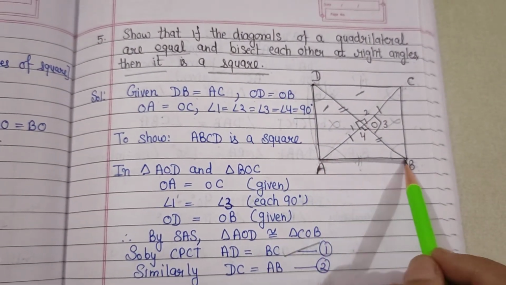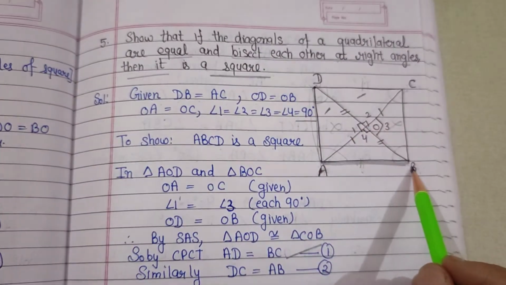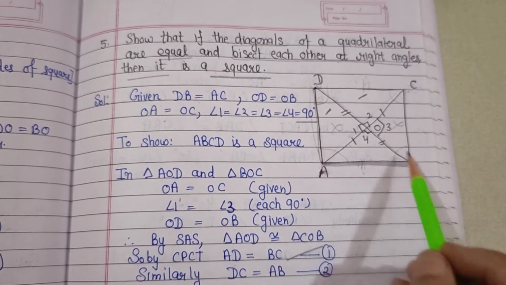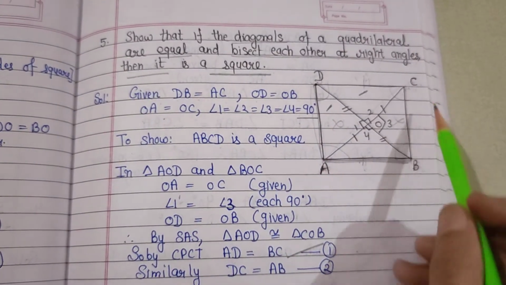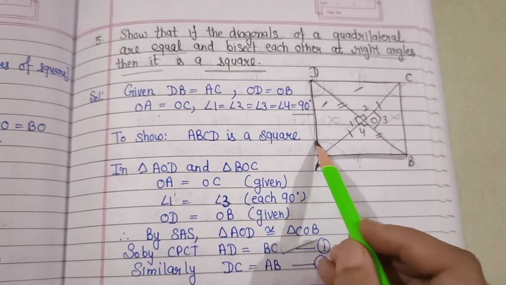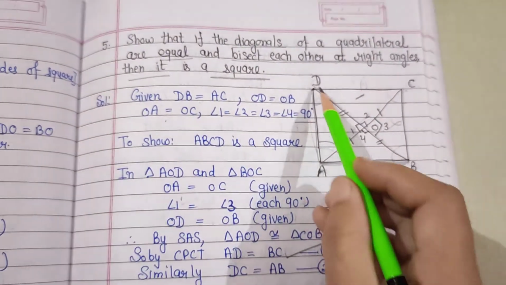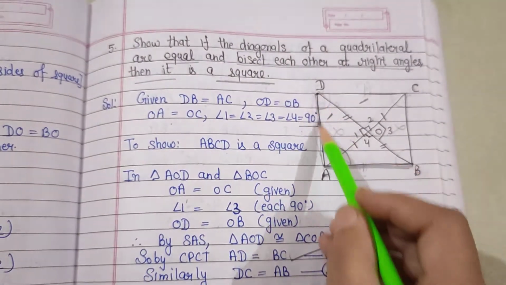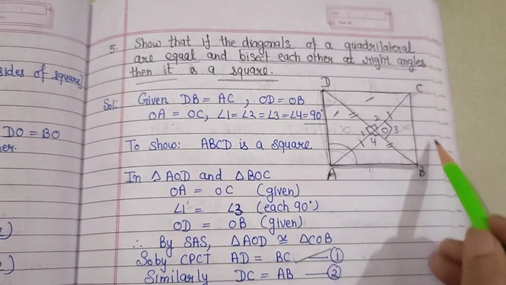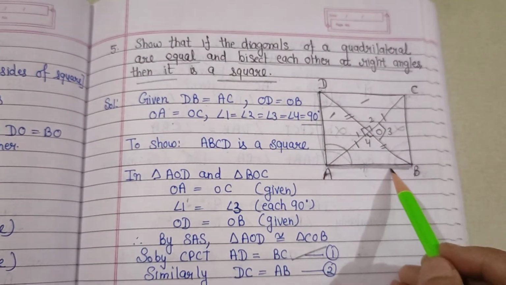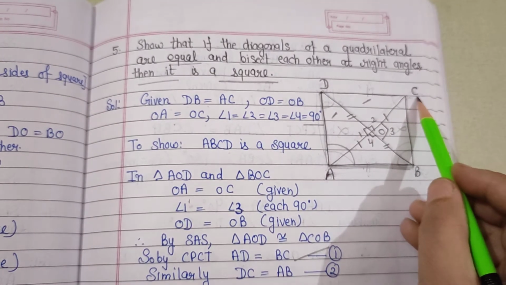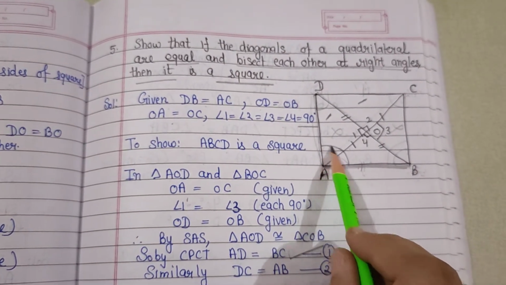So, by SSS criteria, both the triangle ABD and triangle ABC are congruent. By CPCT, the angle DAB of the triangle ABD and angle CBA of the triangle ABC, both are equal.